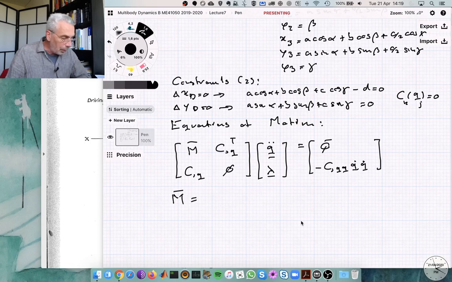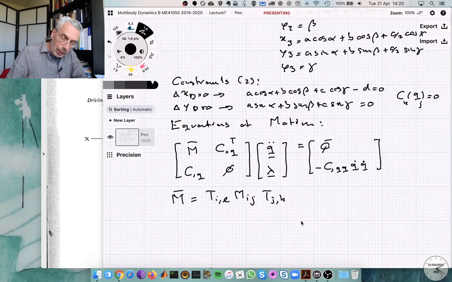This M bar is, of course, now I have to check my notes because I always make errors there, is of course this transformed global mass matrix with the Jacobian of this transformation function. So it's T_iL, M_ij, T_jK.